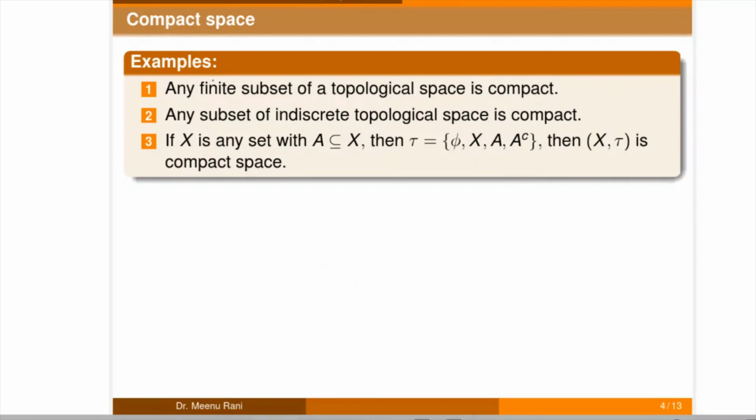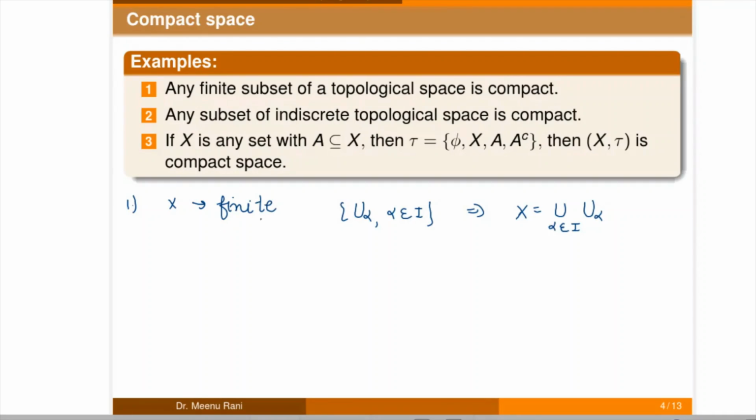So next we have some examples of compact spaces. In the first example, any finite subset of a topological space is compact. If we take X as a finite set and we take any collection of some open sets of X which covers X, so it means X is equal to the union of U alphas.